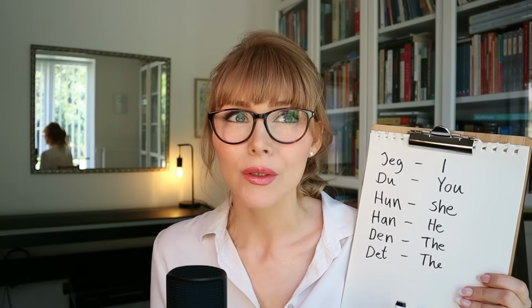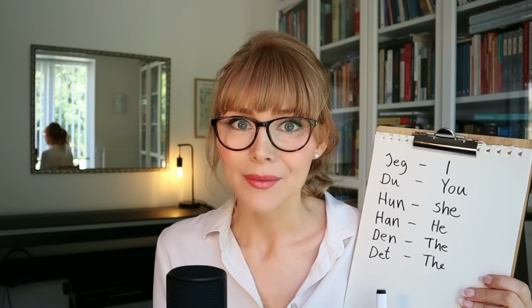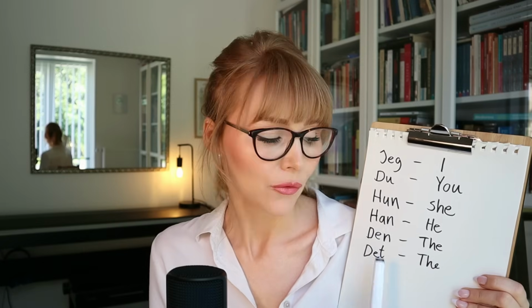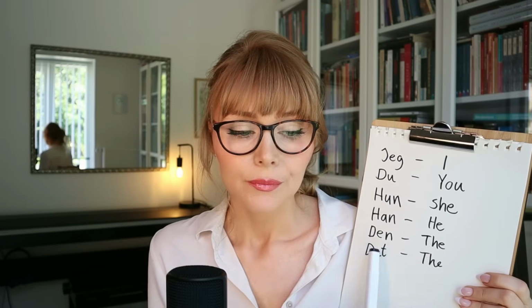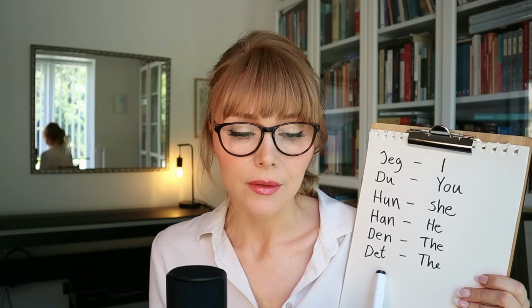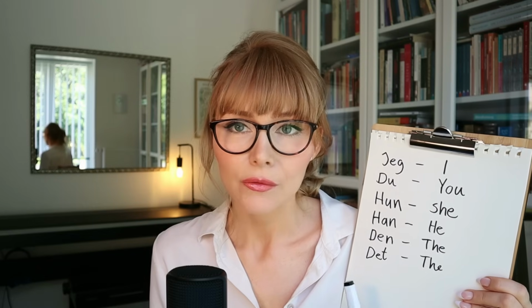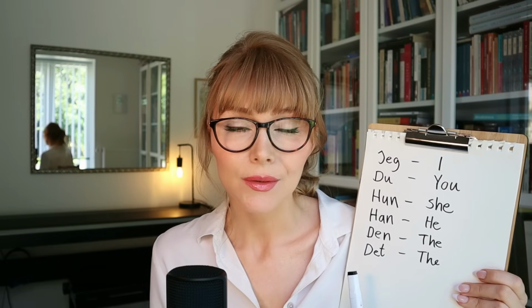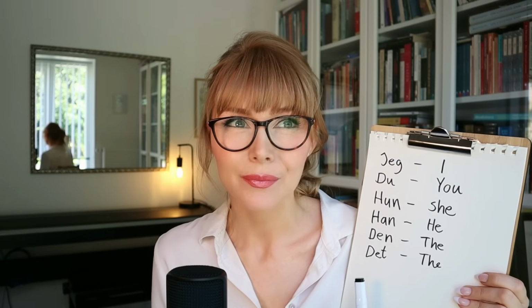So, last lesson we went over when to say et or en. And the same thing goes for these two. So, for example, you will say huset or et hus.